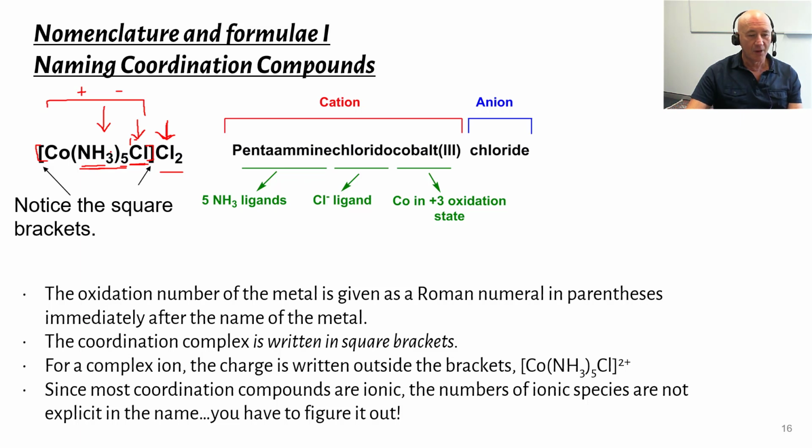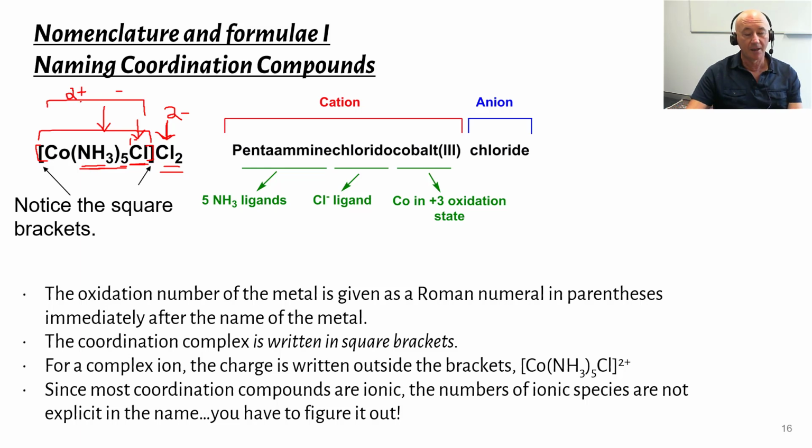So they're the counter ions to this complex ion here. So if these are chloride ions, the total charge for those guys is 2 minus. So the total charge for this complex must be 2 plus, so they balance each other out.